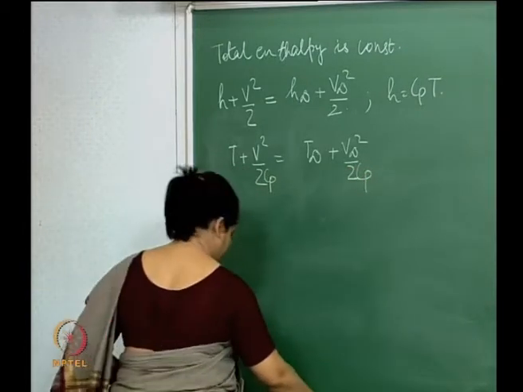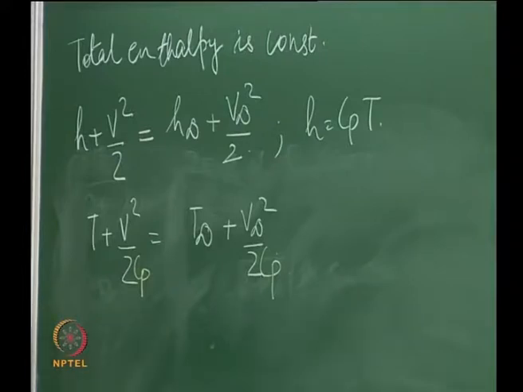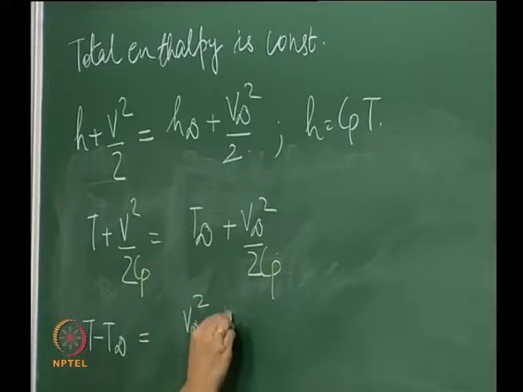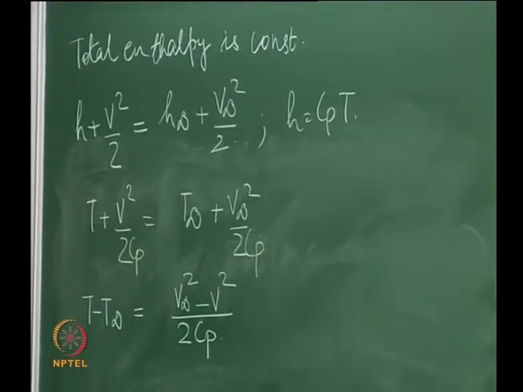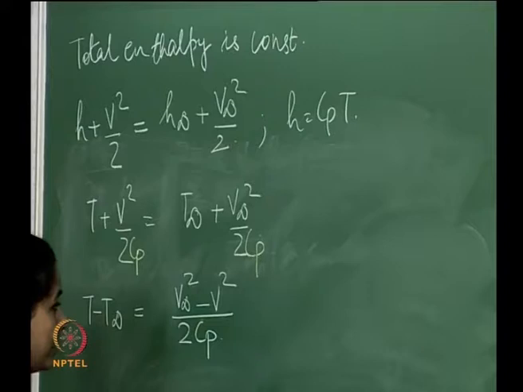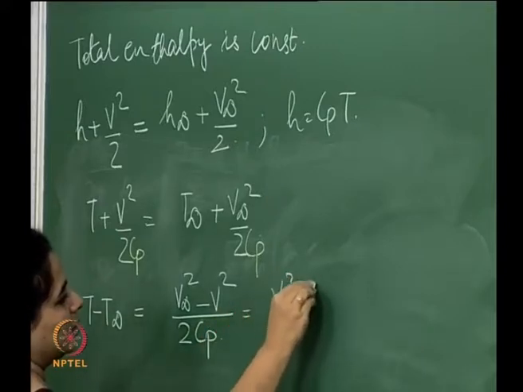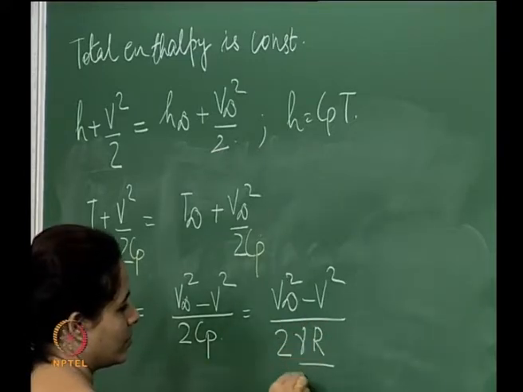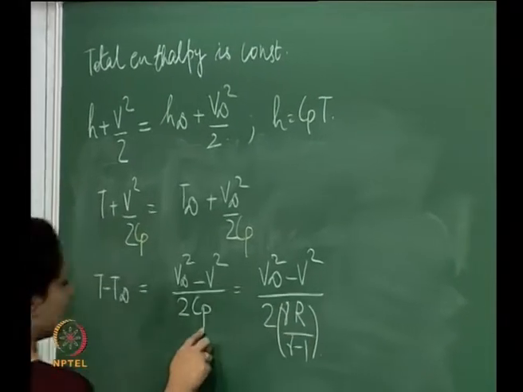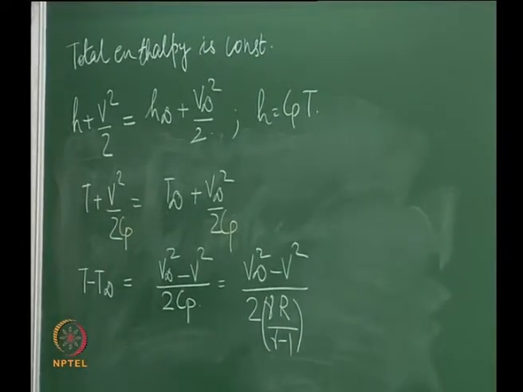Right, this is what I get, and again, what we get over here is T minus T infinity is equal to 2 into Cp. Now this Cp again can be written in terms of the gas constant and gamma. So therefore this again I can write as, this is my Cp here, if I write it in this term.